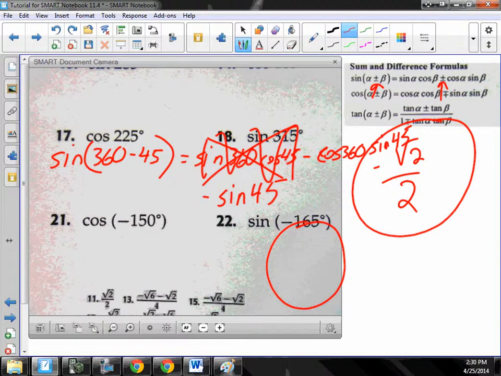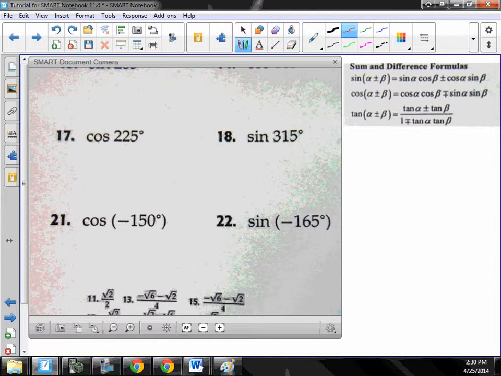All right. What about 22? The sine of negative 165. How would you create that? Um, 360 minus 165 is not negative 165.